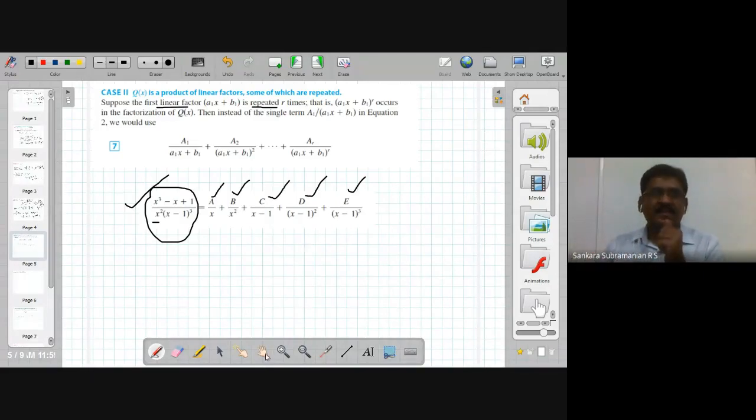So that's what case number 2 says: linear and repeated. Case number 1 is linear, non-repeated, where we simply write A by x minus a, B by x minus c, something like that. And if it is repeated twice or thrice, this rule is to be used. I hope you can understand.